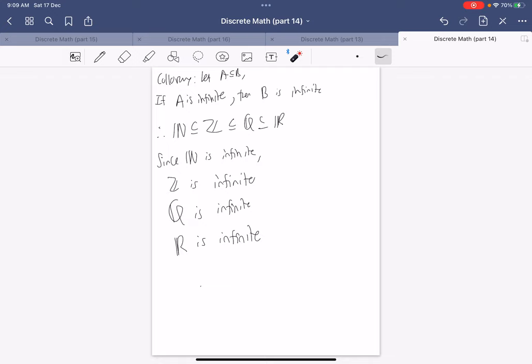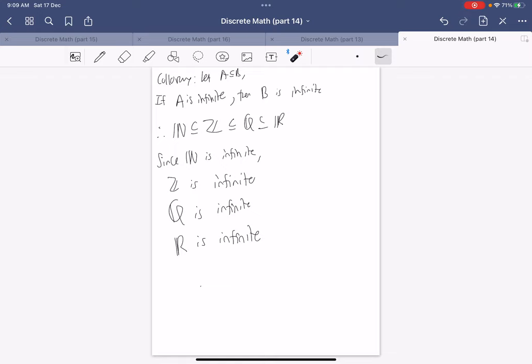And so now you can prove more things about which sets are infinite by using this criterion, if you will. You just need to find a subset that is infinite, and then you have proven that the whole set is infinite. And so this gives us a criterion for finiteness and infiniteness, and we can use it to prove when two sets are infinite.